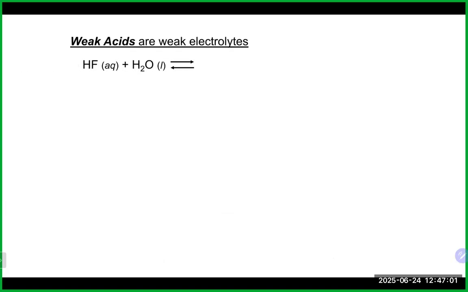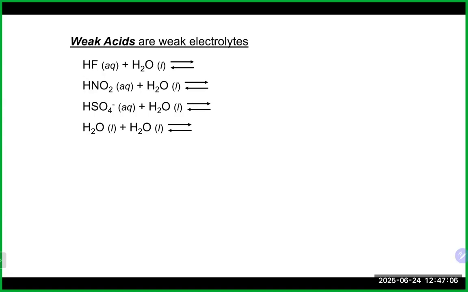Now, we do have weak acids, and as I mentioned before, these are some common weak acids. HF, acetic acid is also a very common weak acid, as well. These guys will, again, mainly stay together, but they will still break apart into some ions.